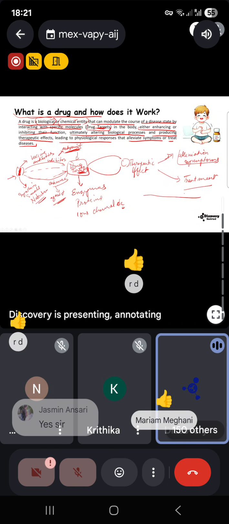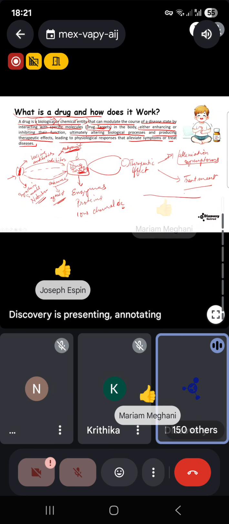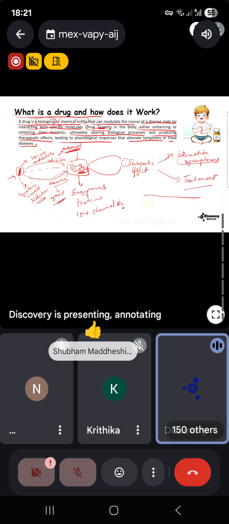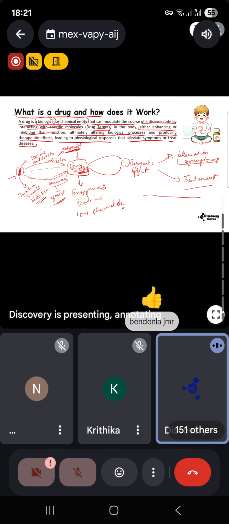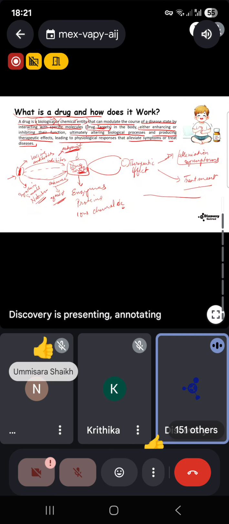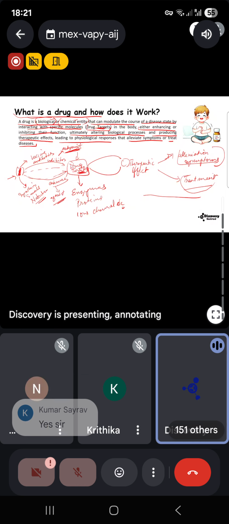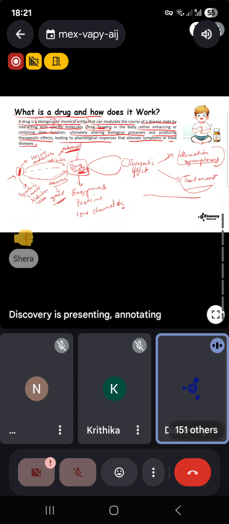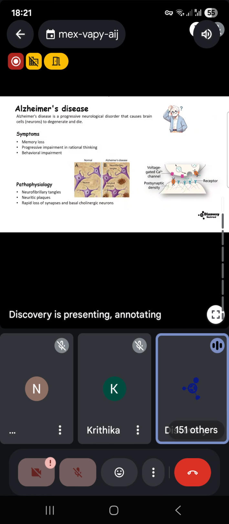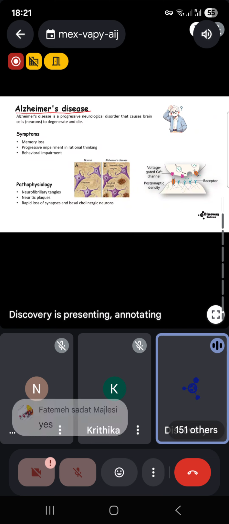With that example, we'll see what the drug target is and why we want that drug target, and how we are going to use it to at least manage the symptoms or treat the disease condition using a drug molecule. Let's take the example of Alzheimer disease.